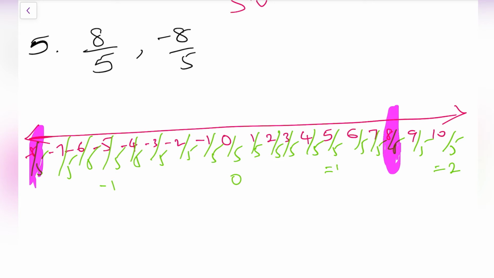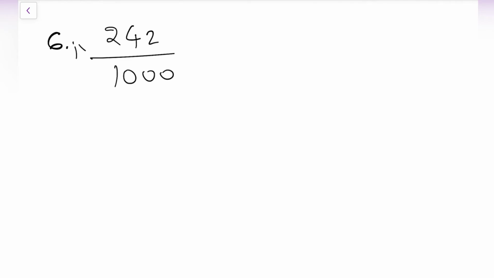Next, let us move to the sixth bit. In the sixth bit, we have some numbers and he is asking us to write those numbers in decimal form. So 242 divided by 1000, we need to write it in decimal form.